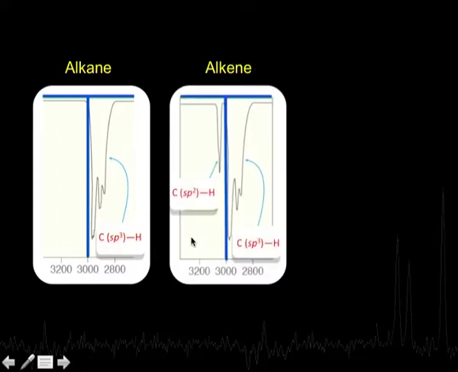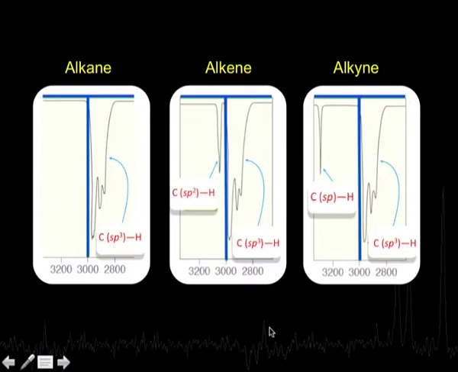But if we come to alkenes, we will have CH bonds which contain an sp3 carbon atom or the ones which contain an sp2 hybridized carbon atom. This CH bond having carbon atom as sp2 hybridized has a vibration frequency higher than 3000 centimeter inverse, whereas this happens to be less than this. So, because of this, there is a shift in the vibration frequency.